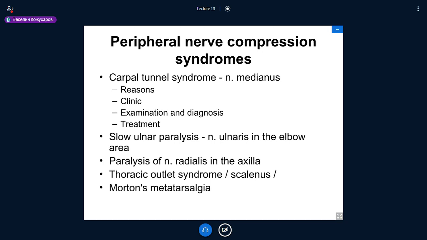Together with this, the hand will become numb. Thoracic outlet syndrome is typical for sportsmen because of muscle hypertrophy, but also in those individuals who have additional ribs.